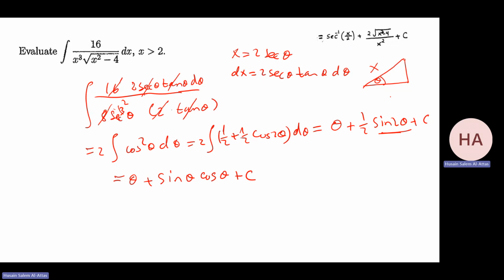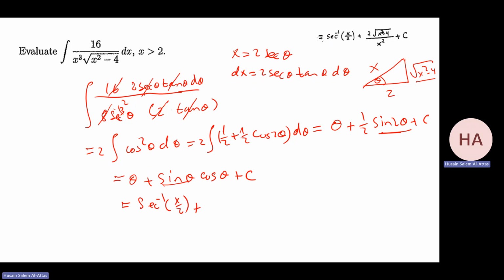Theta is hypotenuse over adjacent, and that will be x squared minus 4. So I have secant inverse x over 2. What is sine? Sine is square root x squared minus 4.